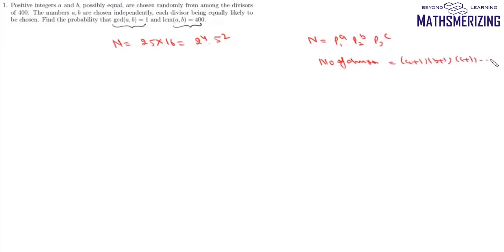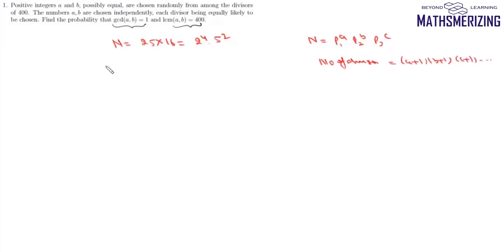Now first we look at the number of divisors of 400. Now we know that 400 is 25 into 16, so there will be 2 to the power 4 into 5 square. So we know that if we have any number n which is expressed as prime powers like p1 to the power a, p2 to the power b, p3 to the power c, the number of divisors is given by a plus 1, b plus 1, c plus 1, and so on.